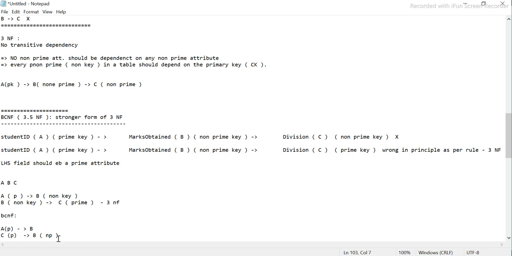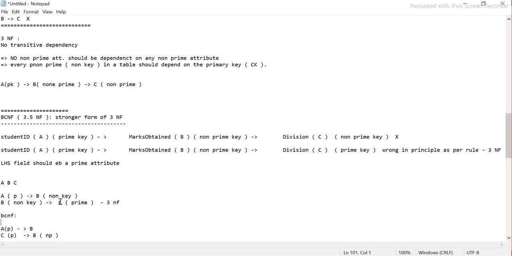So this is allowed in BCNF, because the primary key should always be on the left-hand side of this arrow, which means this is not dependent on any non-prime. Every non-prime is dependent on this prime attribute. So this is the BCNF.